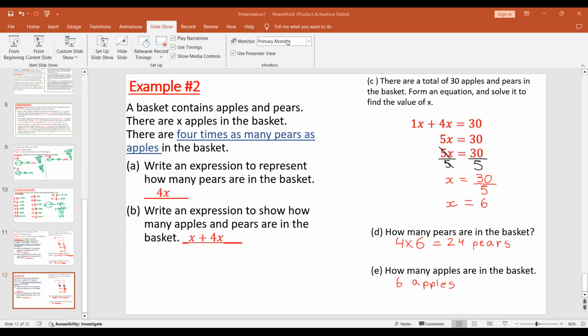Very good. Renee, do you understand how we got the answer? Yes, sir. Okay, good. Bethany, you understand how we got the answer? Okay, good. How about you, Bree and Bri? Do you understand how we got the answer? Yes, sir.